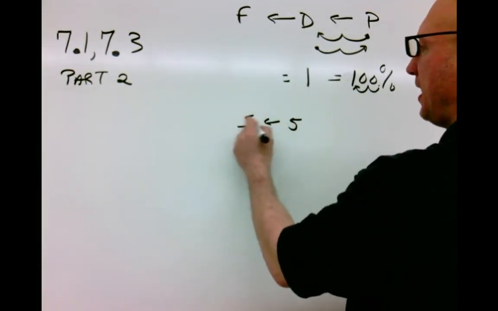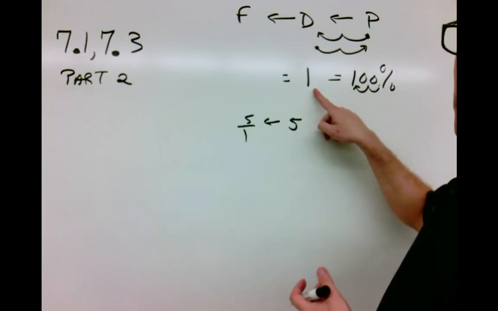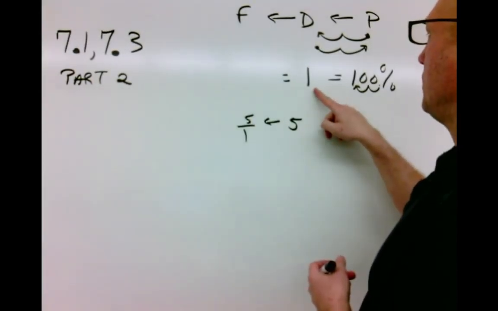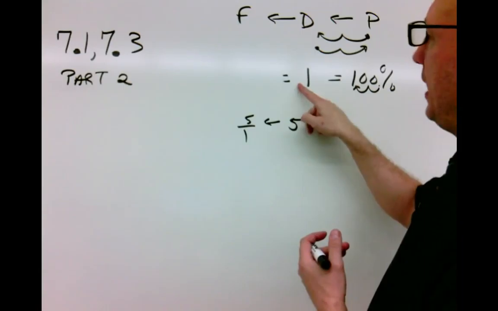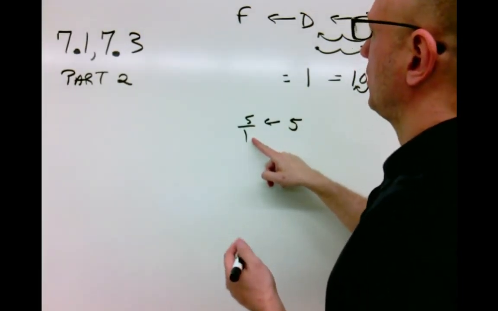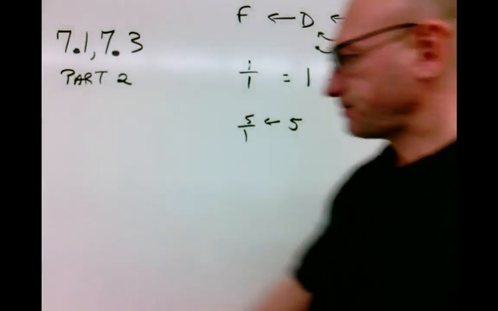I would just say 5 over 1. Because it's already just a whole number with no decimal over here, I'm just going to put it over 1. Also, it doesn't have any zeros to the right of the decimal, so I have no zeros in my denominator. So we'll understand that a little bit more as I go on. So just as a fraction, I would write 1 over 1.